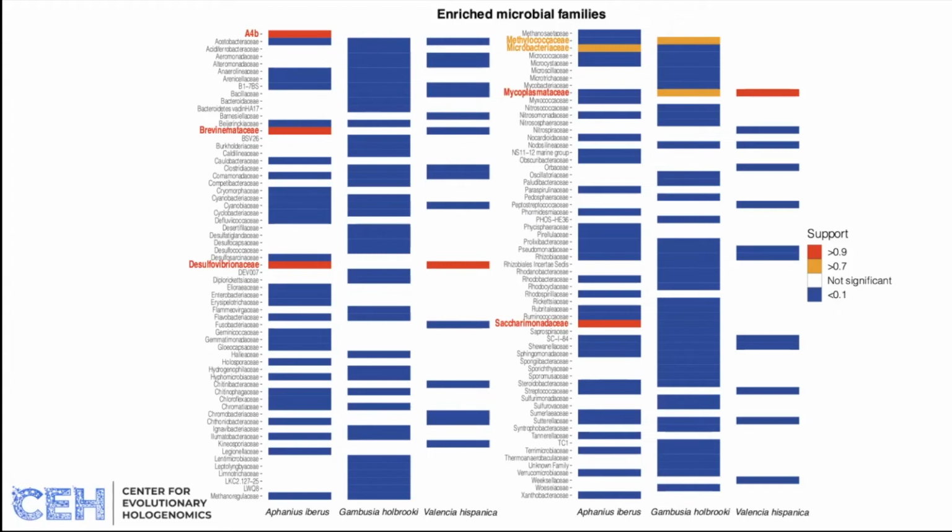And as you might notice, some of these families that are enriched in the intestinal samples from some species of fish are significantly enriched in the digesta sample from another species. And this could be due to the fact that these microbes are present in the environment but are not able to colonize all these species of fish, or an artifact of our sampling procedure.